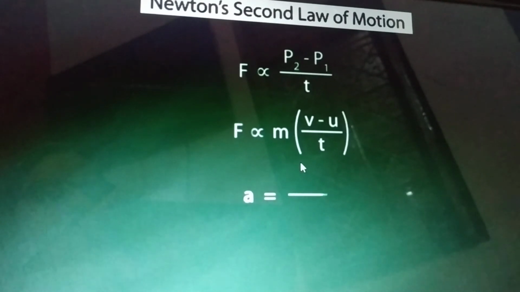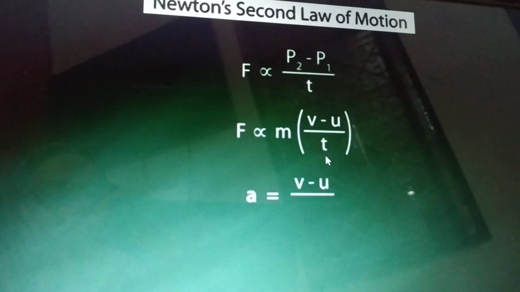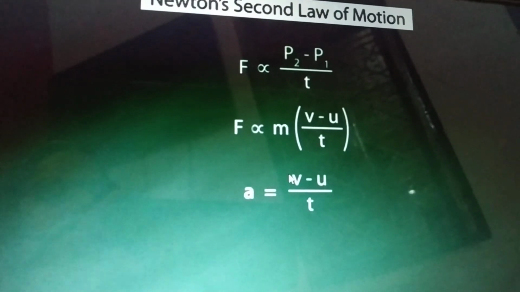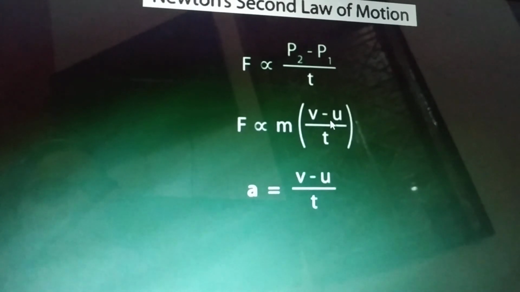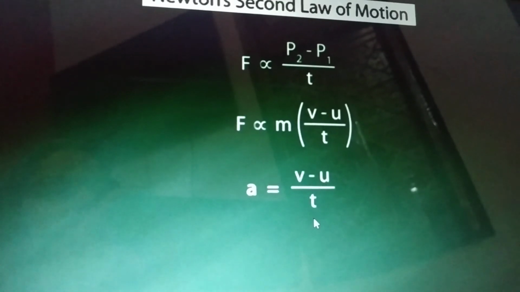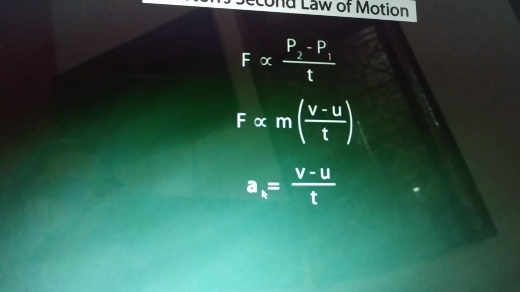And we know what acceleration is. Acceleration is the change in velocity, that is final minus initial, (v minus u) divided by t. So we can write this value as a, acceleration.